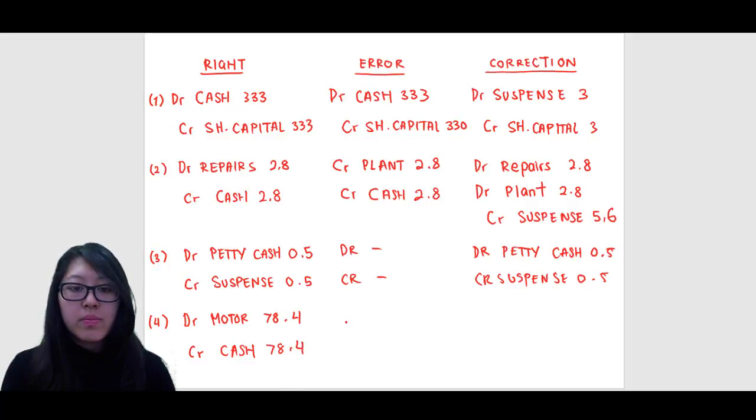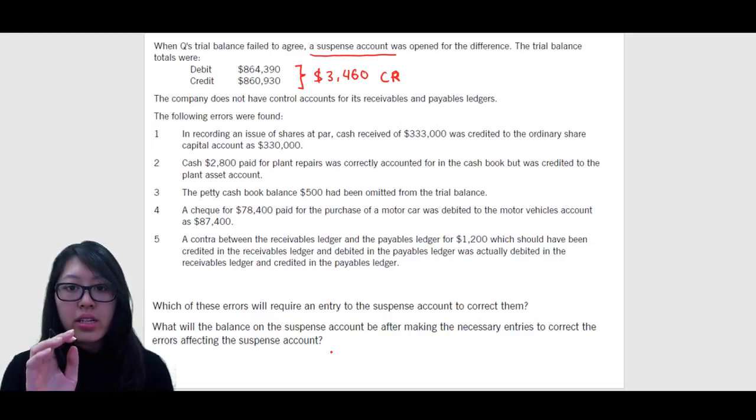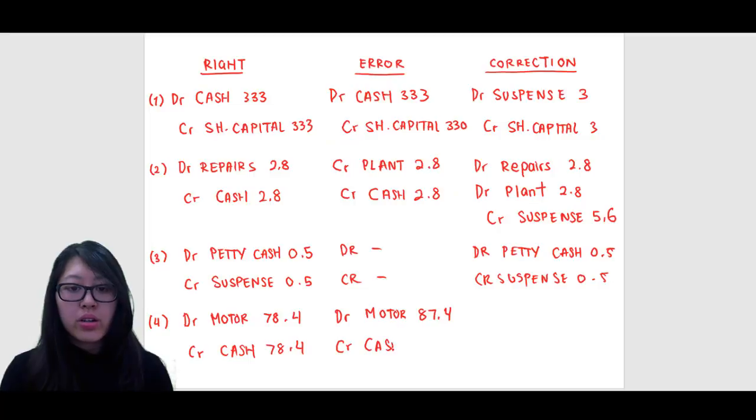But the error was it had been debited by the amount of $87,400. If we go back to the question, it says that the motor vehicles account was debited by $87,400. Did they mention anything about the cash or bank account? No. So that's a sign that the cash or bank account had been correctly adjusted for. There had been no error with the cash account, so the only adjusting would go to the motor vehicles account.